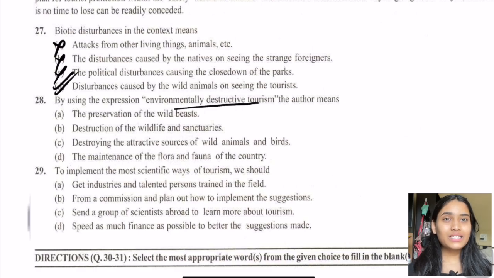So that is basically what environmentally destructive tourism means: when the revenue generated from tourism overshadows the conservation of wildlife. That is what environmentally destructive tourism means.